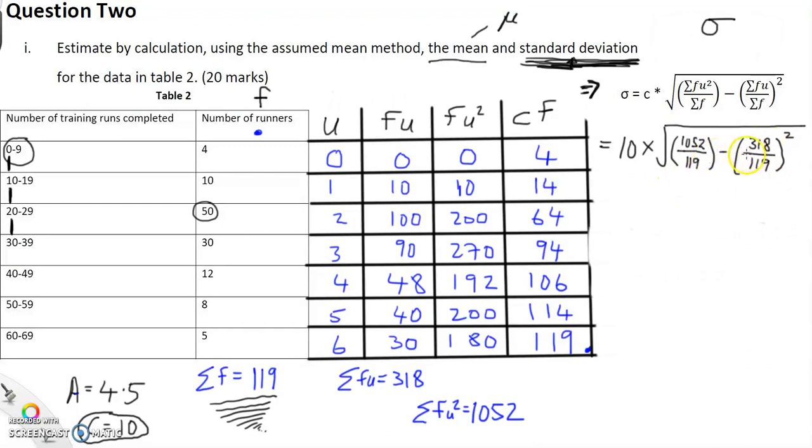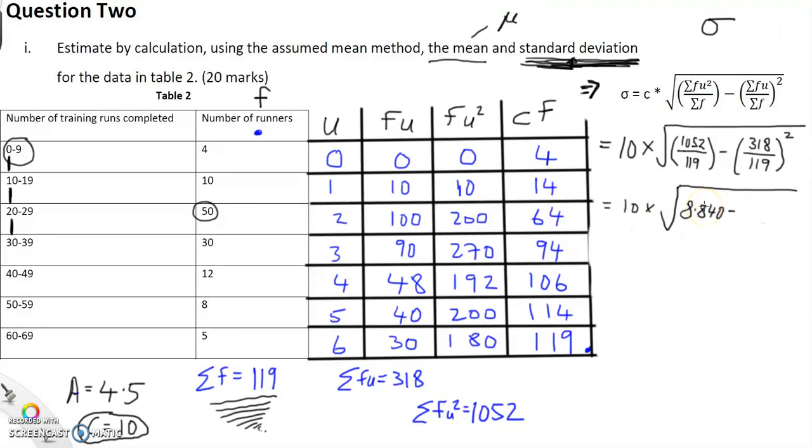Now if you're handy with the calculator, you'll be able to do all this in one go. If not, you can break it into chunks. I'll do it in bits. So that's the square root, and 1052 divided by 119. Put that in decimal, to 3 decimal places, and I get 8.840.